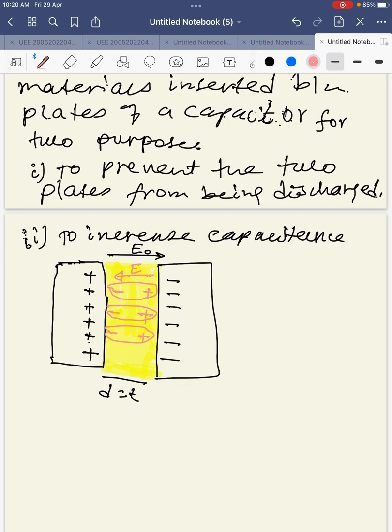This is the electric field with dielectric, clear? Opposite to the external electric field. What's the net electric field? The net electric field, or the total electric field, is equal to E naught, the external electric field or the electric field without dielectric, minus this electric field of the dielectric.